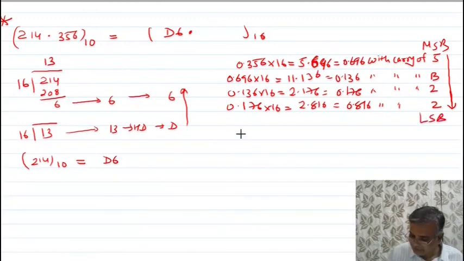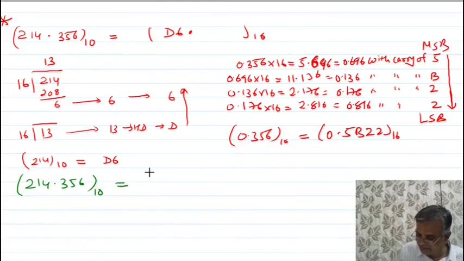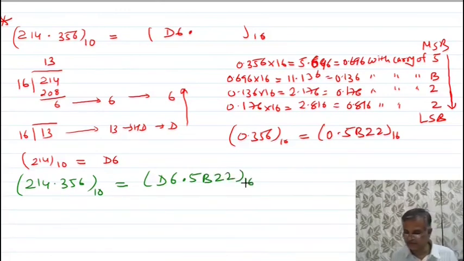It means the fraction 0.356 decimal number can be written as 0.5B22 hexadecimal. So your answer is 214.356 decimal number can be written as D6.5B22 in the hexadecimal number system. Now next lecture we will discuss about binary into hexadecimal and hexadecimal into binary.